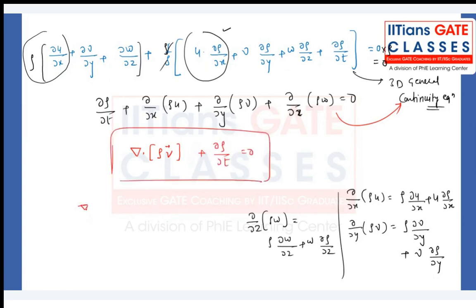The del operator is i into dou by dou x, j into dou by dou y, k into dou by dou z. And vector v is nothing but u i cap plus v j cap plus omega k cap. When you multiply, you will ultimately get this equation.